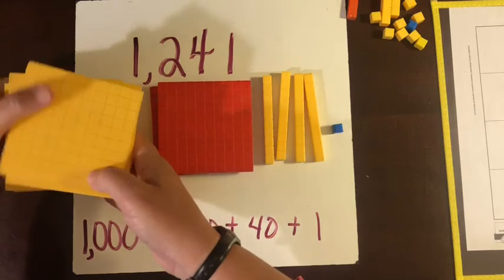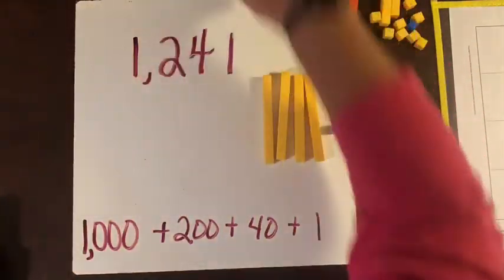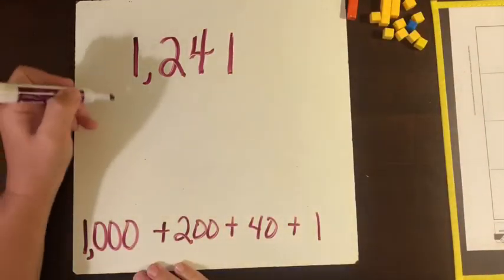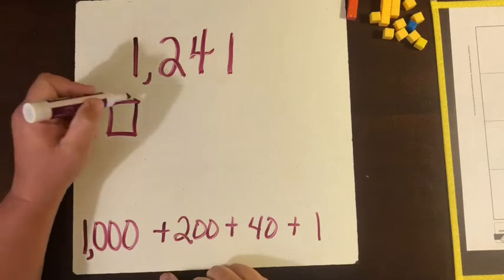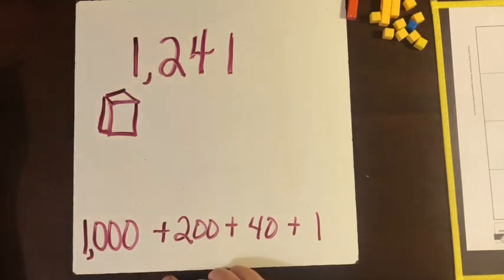If I was to draw that one, say I don't have base 10 blocks, how would I draw that one? Okay, I could draw, here's my thousands place, but remember I told you it's not a flat, so I can literally just draw it off to the side and say that it's a cube, okay?